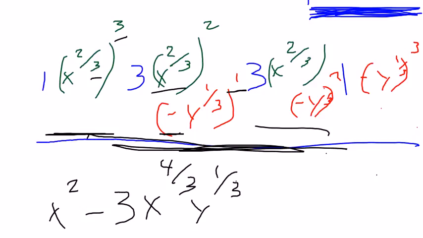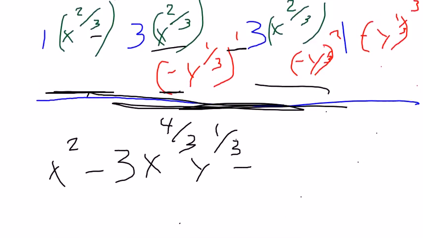This one is going to be plus 3x to the 2/3, and then I have a negative y to the 1/3 squared. So we're going to square that negative sign, turn to a plus. Hold on, we already had the plus sign out in front. So it's going to be y to the 2/3 also.